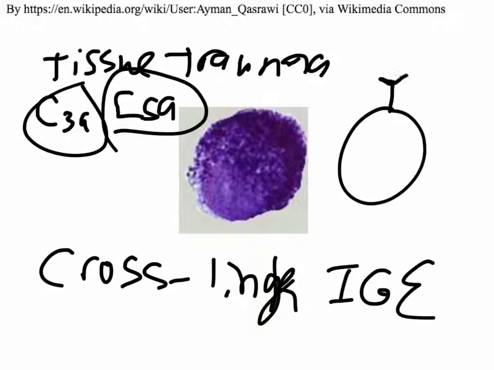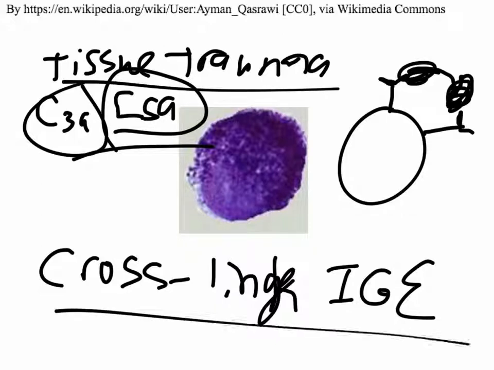You have these IgE, and if you have one over here, and some type of infection or some type of allergen can come here and cross-link to this one and to this one at the same time, then it will degranulate. And what will it do whenever it's activated? Whenever you get the C3a, C5a, the trauma or the cross-linking, it will degranulate, releasing, that's right, histamine.